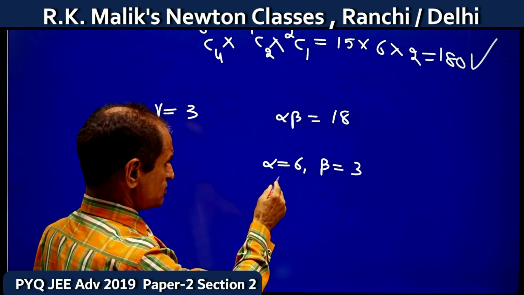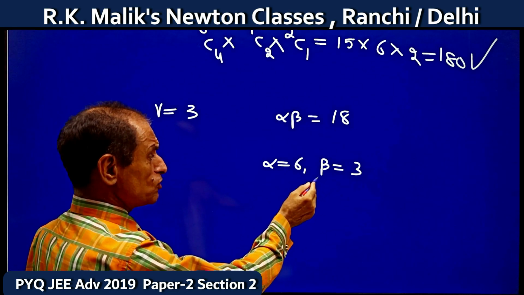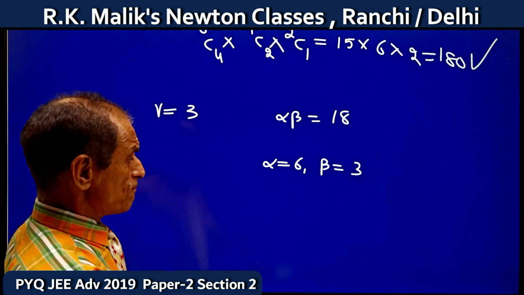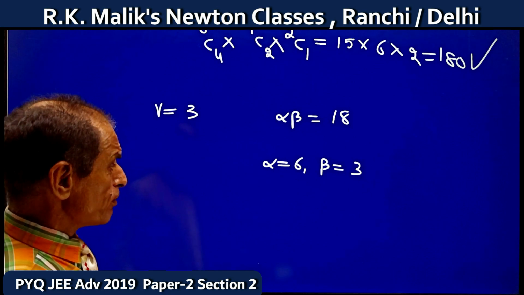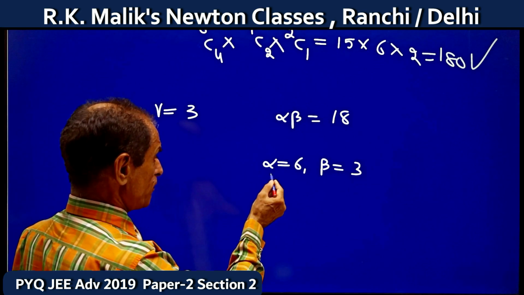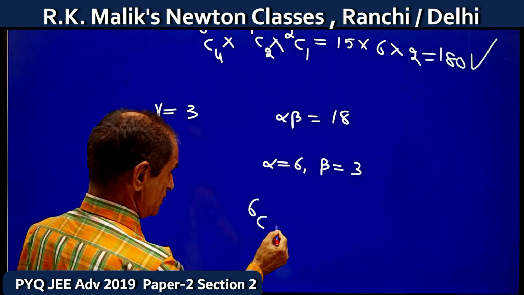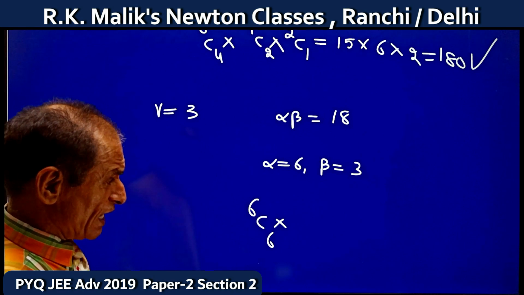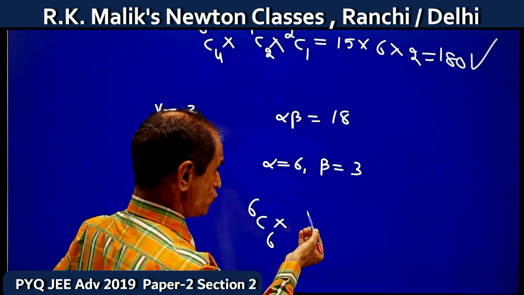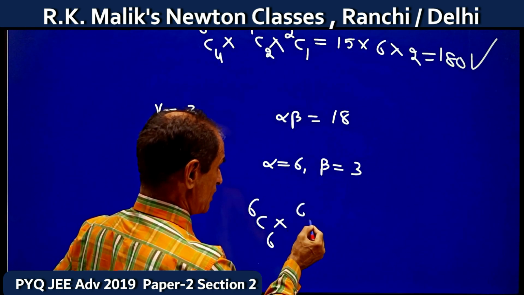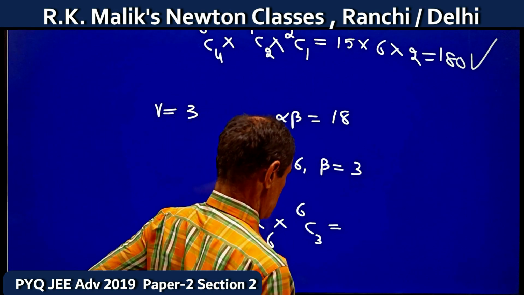That is, A contains 6 elements, B contains 3 elements, and those 3 elements should be from the elements of A, because 3 elements are common between A and B. Therefore, the number of ways in which the sets A and B can be made is 6C6, the number of ways in which the set A can be made, and from the 6 elements of the set I will choose any 3 elements. This I can do in 6C3 number of ways, and this is equal to 20.